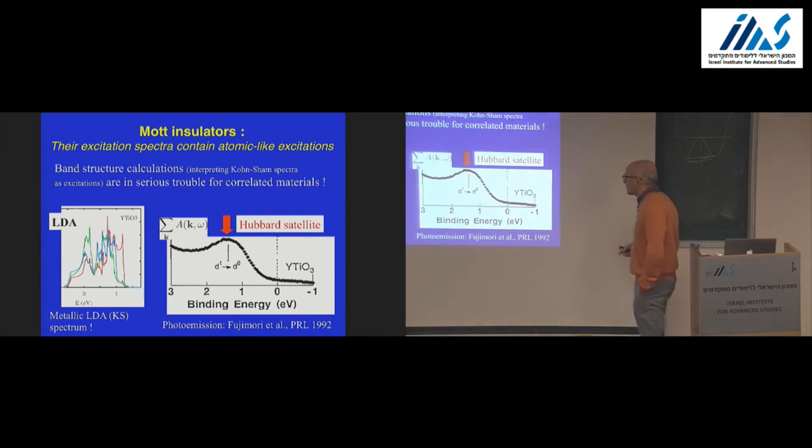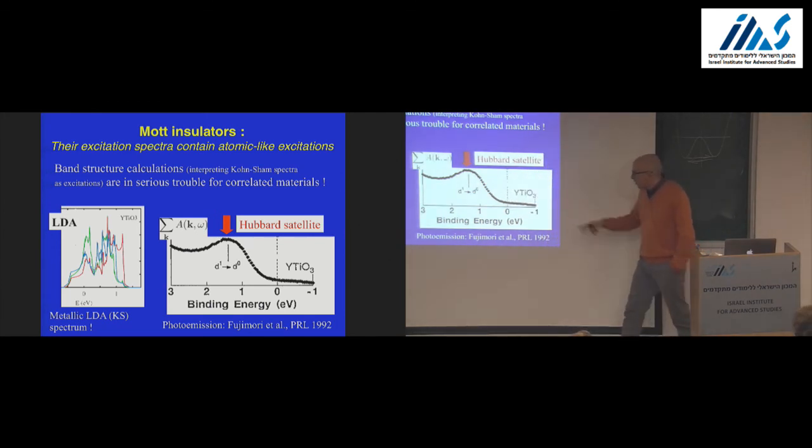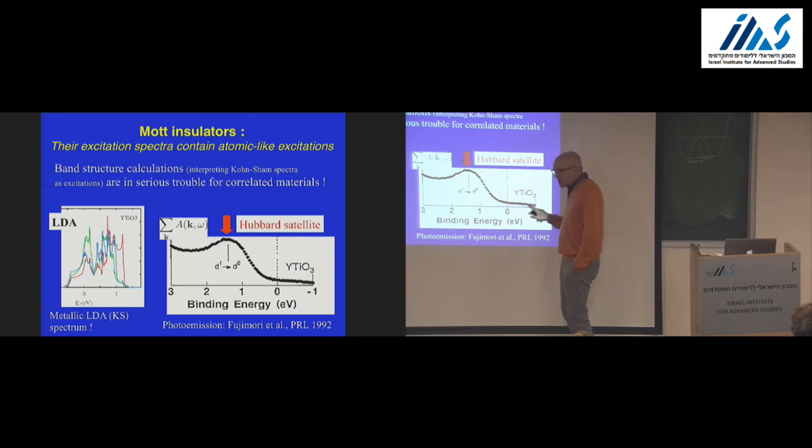So let me show you an example here. This is the photoemission spectrum of this material, which is a Mott insulator with one electron on the titanium site in each unit cell.